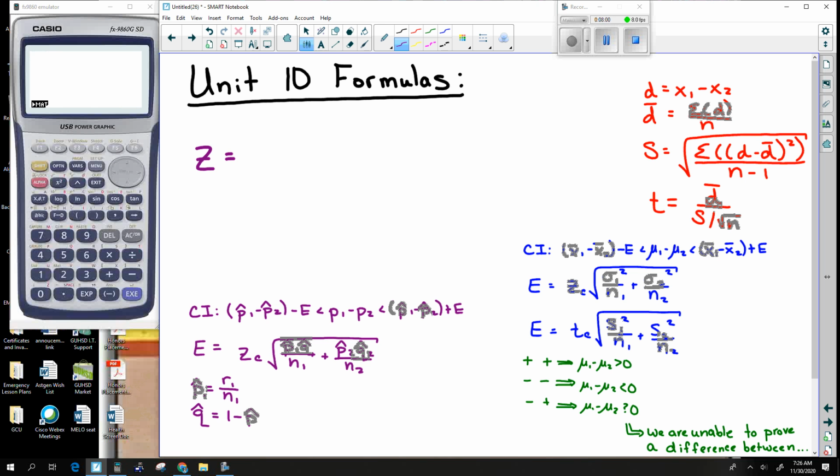And z is going to be equal to, let's start with the denominator, the square root of p bar q bar divided by n1 plus p bar q bar divided by n2, and the numerator is p hat 1 minus p hat 2.